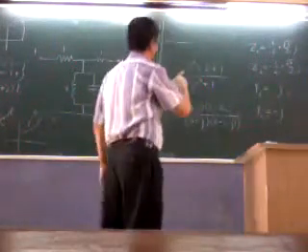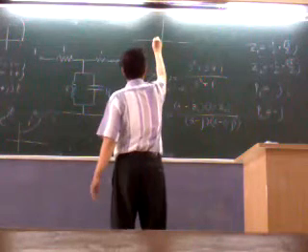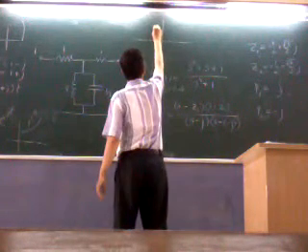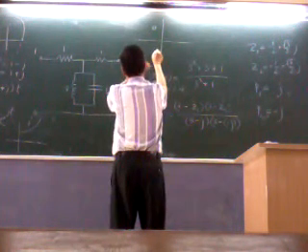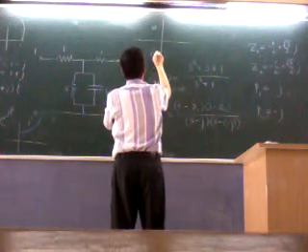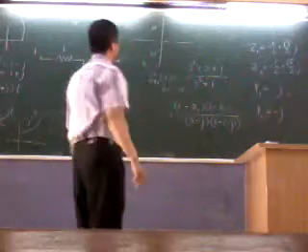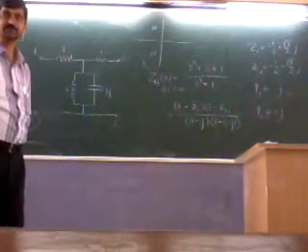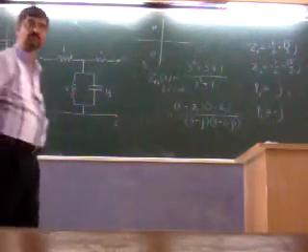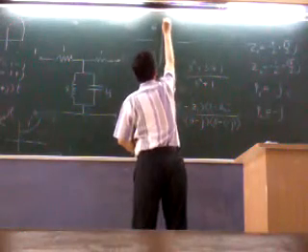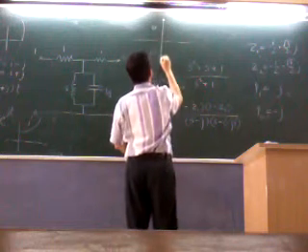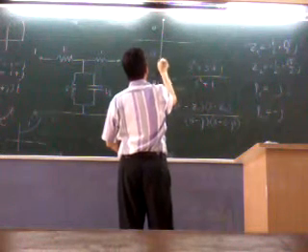So one zero is at minus half, and the other zero. These are the two zeros. And one pole, and the other.